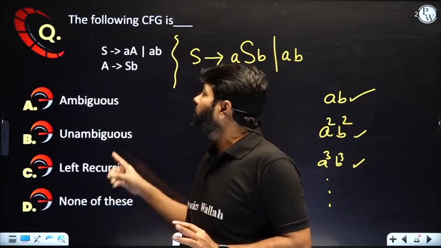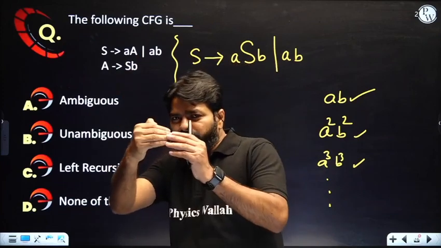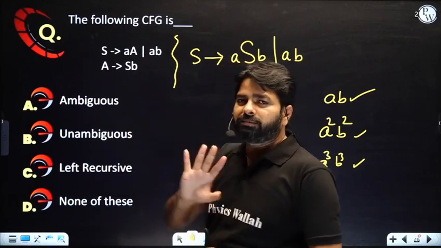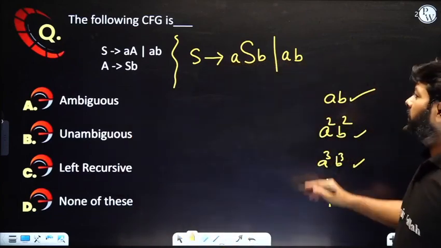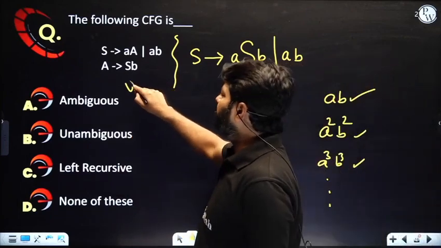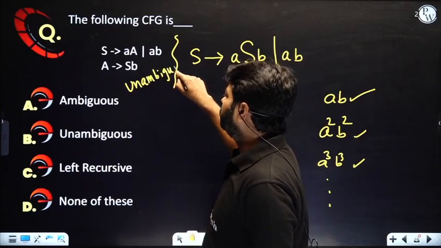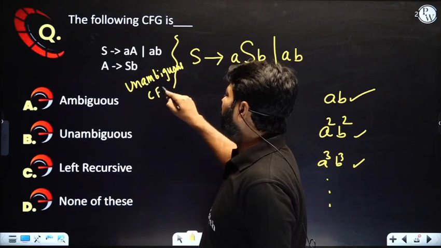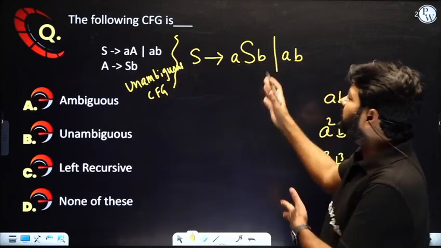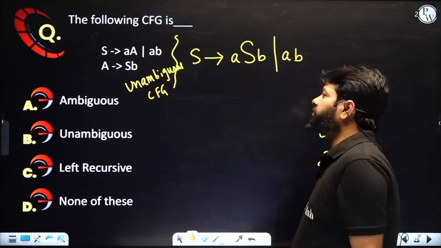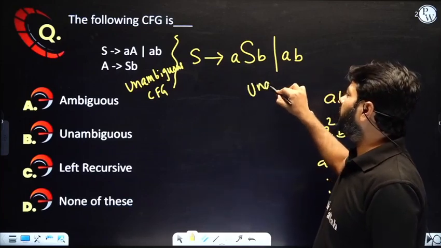It will stay the same, because instead of taking one step, I'll just put it there. So I am saving one step, that's it. Now this grammar is unambiguous. And not only this grammar, this is another grammar which is equivalent to the same grammar, just with the help of one substitution. It is also unambiguous.